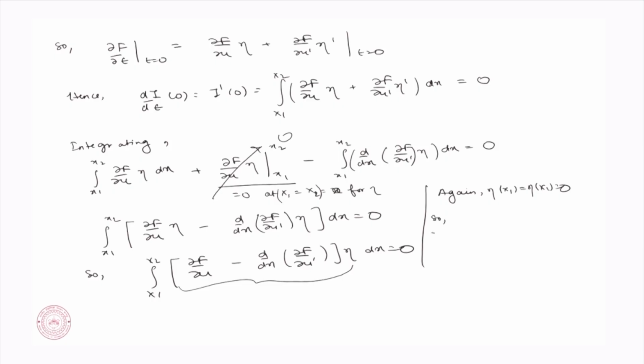So, what we get is that del f by del u minus d by dx of del f by del u prime should be equal to 0, and this is what we call our Euler Lagrange equation.